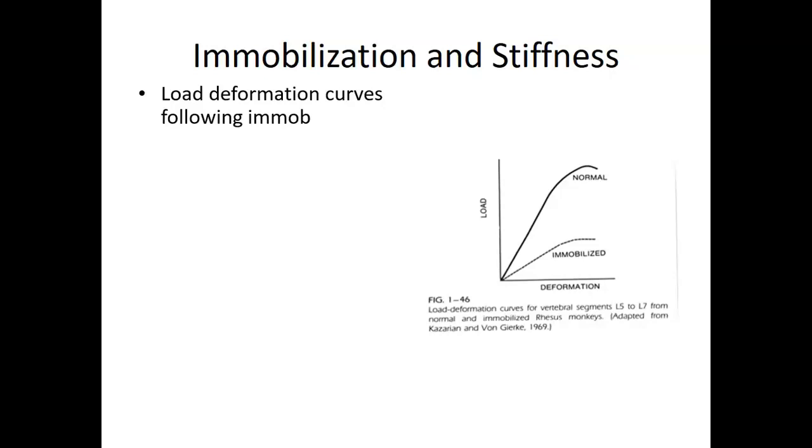The immobilized one, if I put a force on that tissue, is going to be fairly compliant and it's going to deform much quicker. And then their failure point actually is at the same length difference, but a much lower force with the immobilized. So that's why we have to remodel and add progressive loads as we work people in rehab.